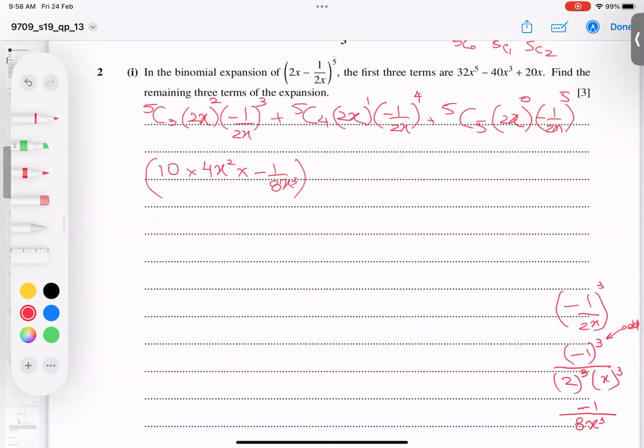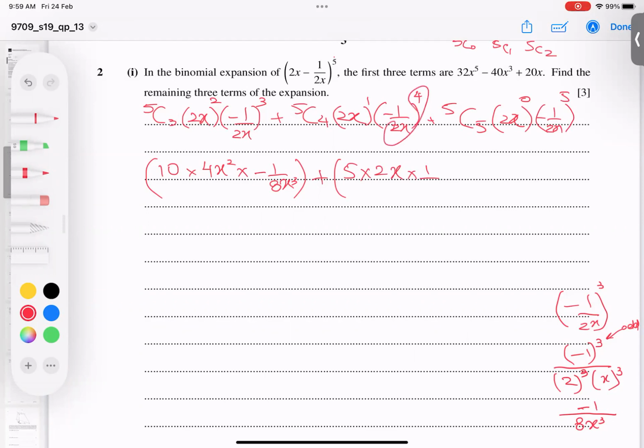This is one part, plus. Now 5C4 is 5, and 2 to the power 1 is 2, and x to the power 1 is x. And what is the 4 power? Minus 1 to the power 4 gives you even, because 4 is even, so minus 1 becomes plus 1.